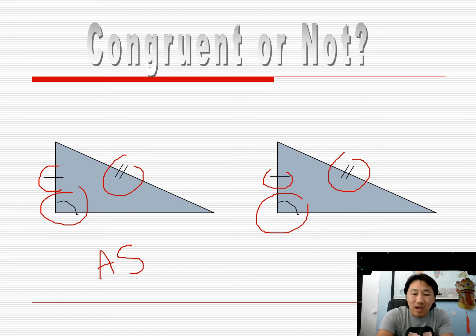It's just another side. And so if I put in another S, it'll spell a bad word. That's when you know it doesn't work, because then you have angle, side, side. It spells a bad word. It's not a right triangle, so it's no good. Those two are not congruent.